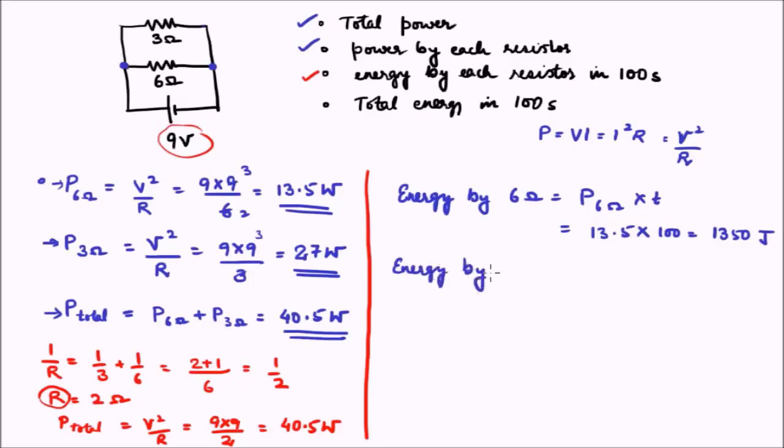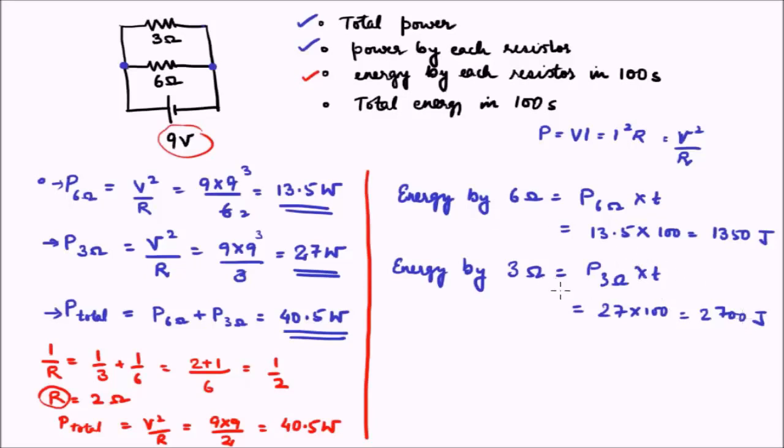Energy by 3 ohm, power of 3 ohm times time, that is 2700 joule. An interesting thing, if you have noted, is that the higher resistance is actually using less power and as a result less energy.